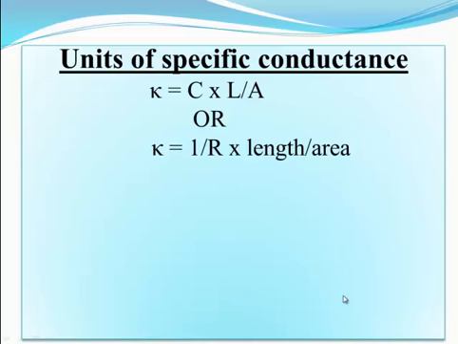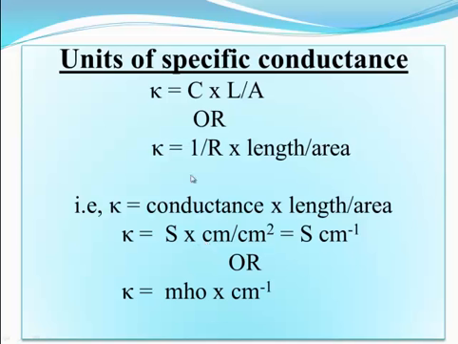Now, units of kappa. So I've rewritten the formula which I've shown you earlier. We can always write conductance as reciprocal of resistance. And in that case, since the unit of conductance is Siemens, the unit of length is centimeters, and unit of area of cross section is centimeter square, we can represent the unit of specific conductance or conductivity as Siemens per centimeter.